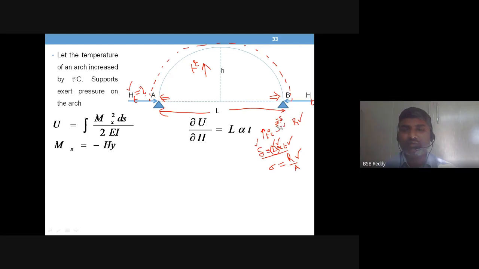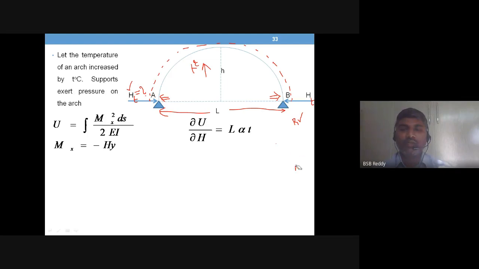Means what? The partial derivative of strain energy with respect to any force will give you displacement in the same direction. Okay, so that is what is written here.